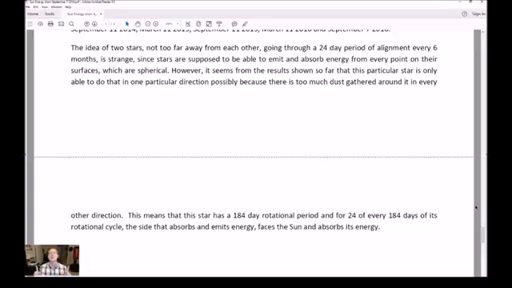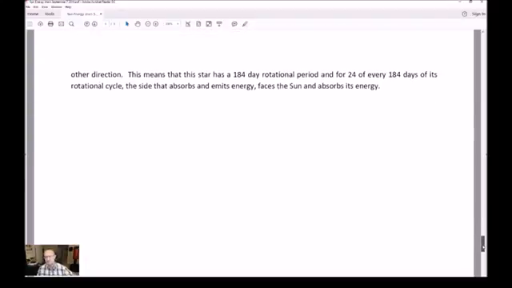However, it seems from the results shown so far that this particular star is only able to do that in one particular direction, possibly because there's too much dust gathered around it in every other direction. It means that the star has a 184-day rotational period, 6 months, and for 24 of every 184 days of its rotational cycle, the side that absorbs and emits energy faces the sun and absorbs its energy.